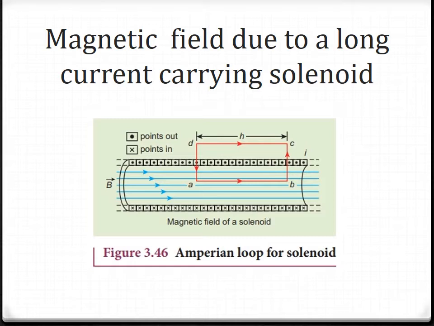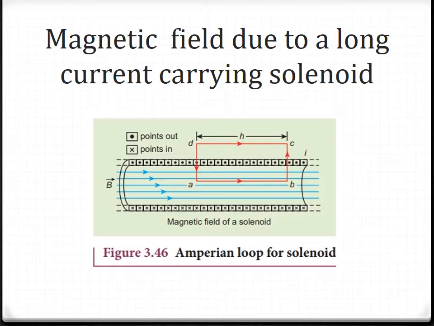In the picture we have ABCD. We write the integral of B dl split into A to B, B to C, C to D and D to A. It is a rectangular closed loop, isn't it?